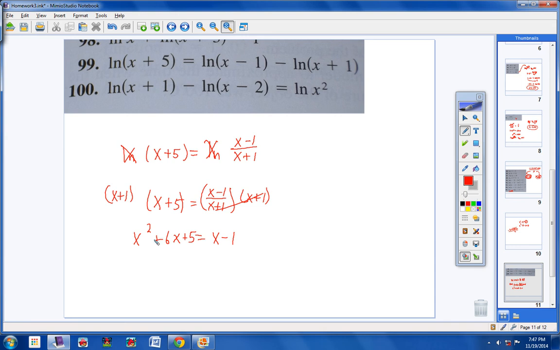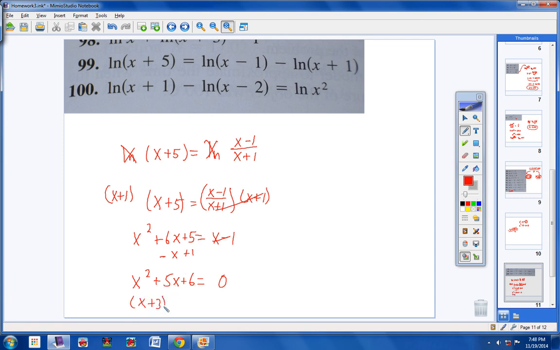Now bring the, let's see. Is that right? Positive 5. Yeah, that's right. Now bring the x over and make it negative. Bring the 1 over and make it positive. And we're left over with x squared plus 5x plus 6. And thankfully, that can be factored, okay?